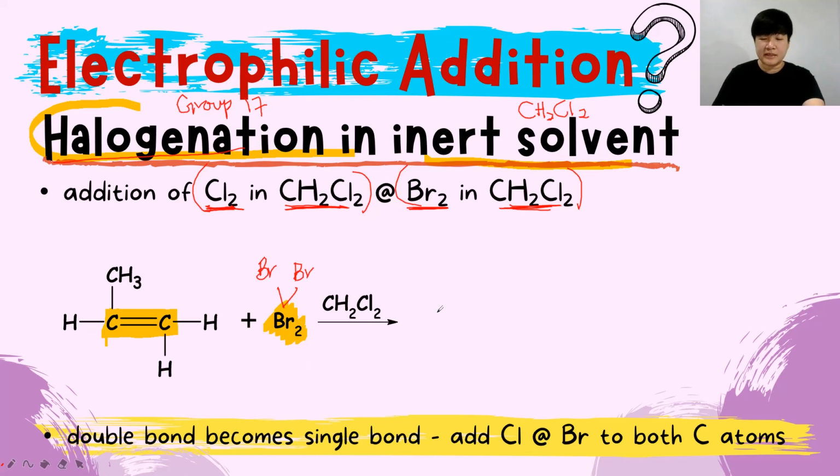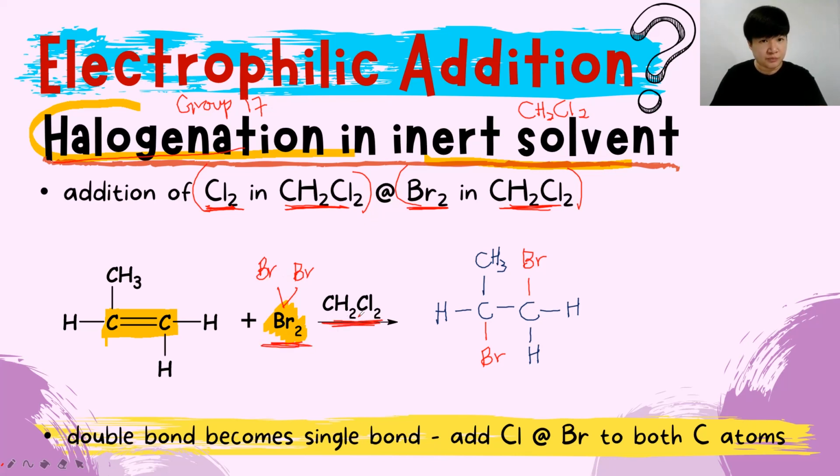What you are doing is simply breaking the carbon-carbon double bond to a single bond, recopying the structure in the question, and the new friend added to both carbons of the double bond is your Br. And we are adding in Br, guys, because we are using Br2 in CH2Cl2. What happens if you add in Cl2?